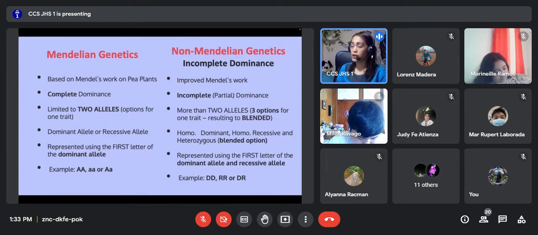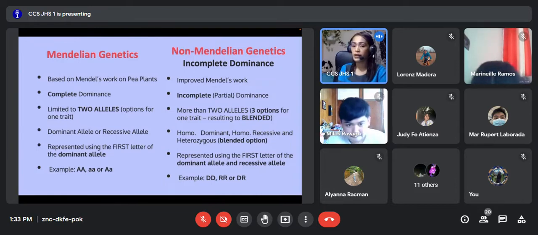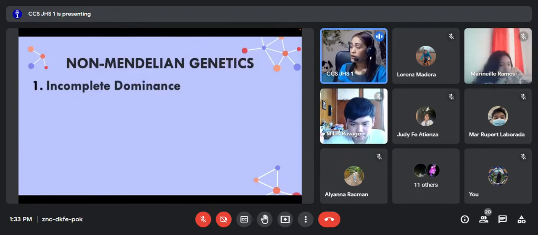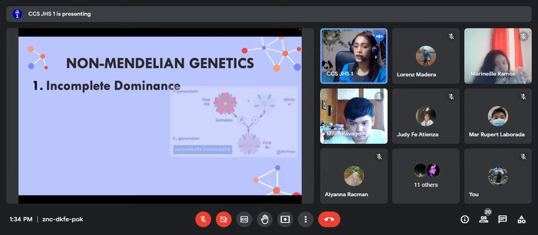We're able to establish the similarities as well as the differences between Mendelian and non-Mendelian genetics, specifically incomplete dominance. There are different patterns of inheritance, and we're only focusing on two of the non-Mendelian patterns.